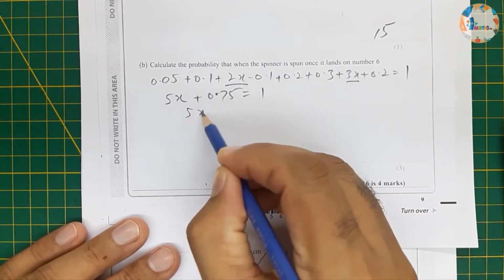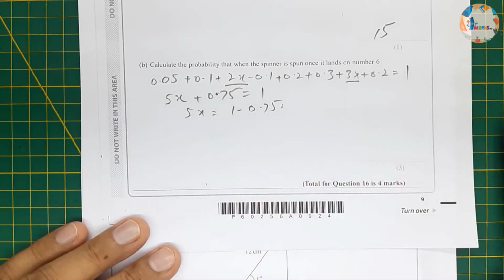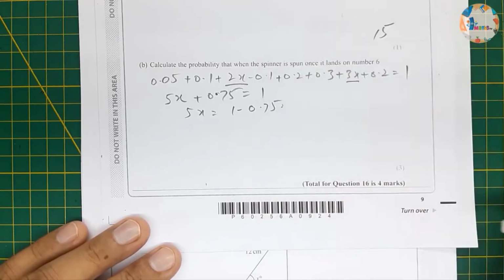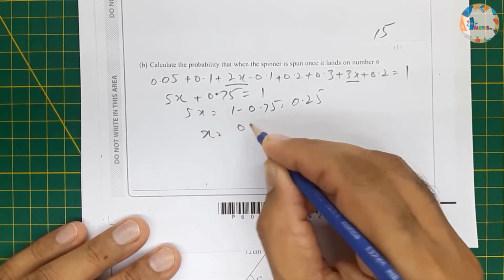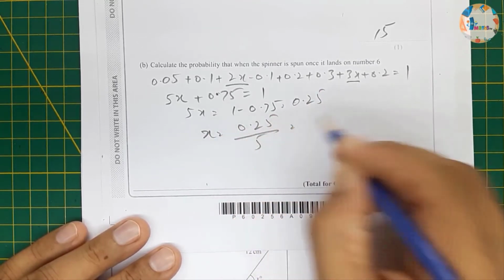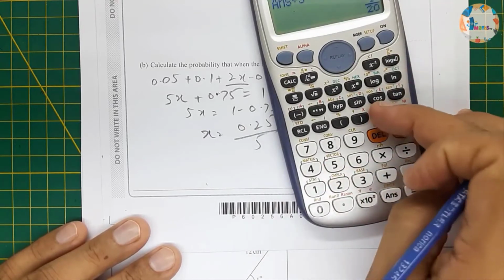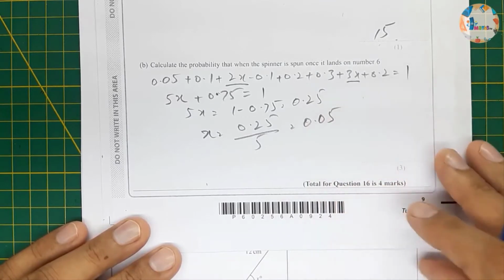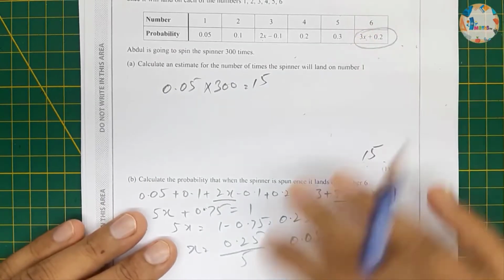We can shift 0.75 to the other side. So 5x will be equal to 1 minus 0.75, which is equal to 0.25. So x will be equal to 0.25 divided by 5, which is 0.05. So x will be equal to 0.05. We will replace here.